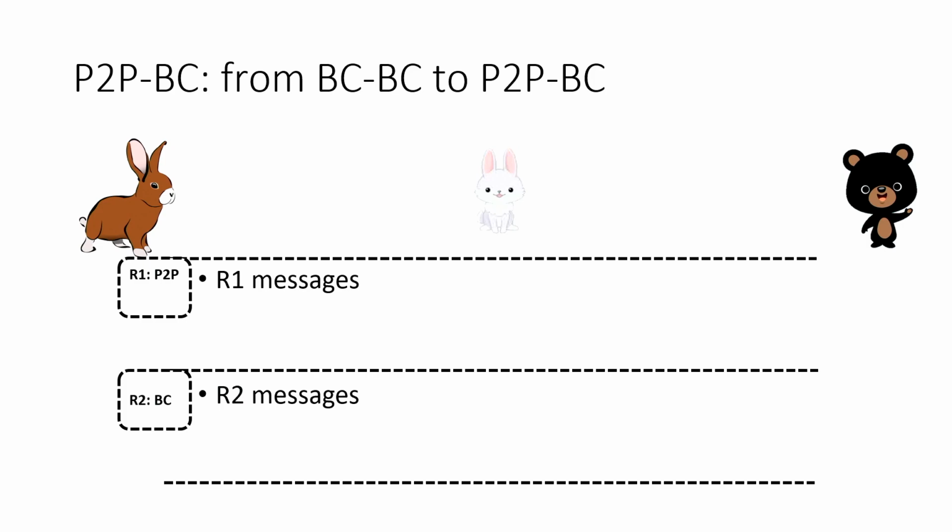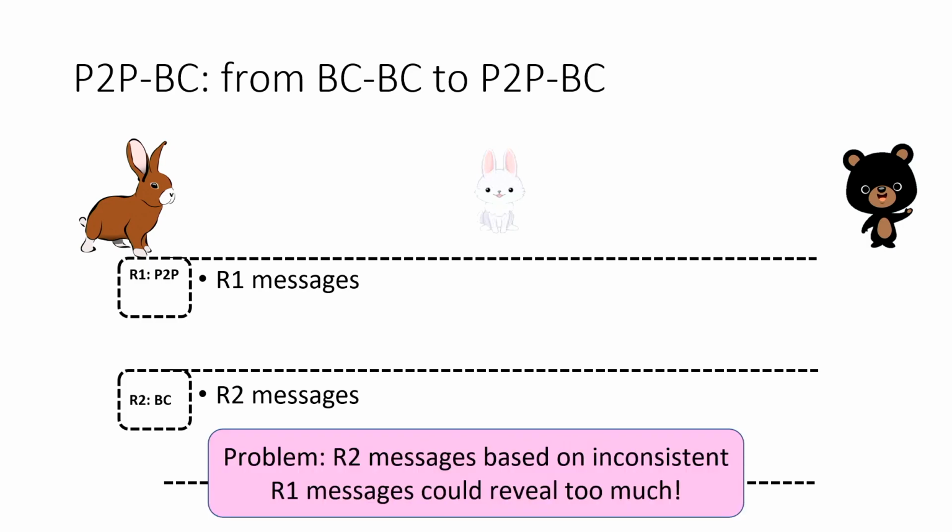Well, because the adversary can send different messages to different honest parties in the first round, and then he will obtain different versions of the second round message. This is an attack that is not considered in the original protocol, because in the original protocol the first round is over broadcast, so everybody has the same view of the first round.